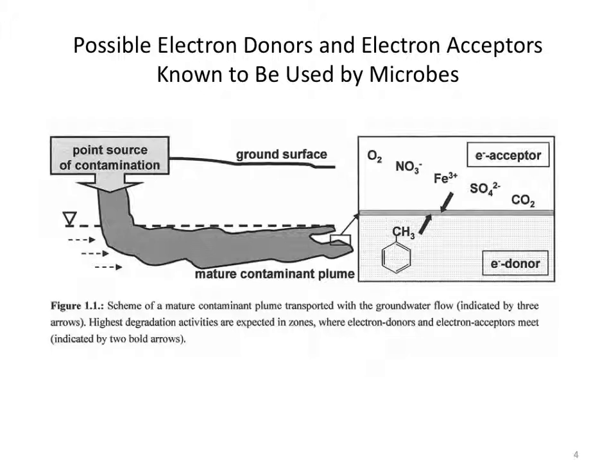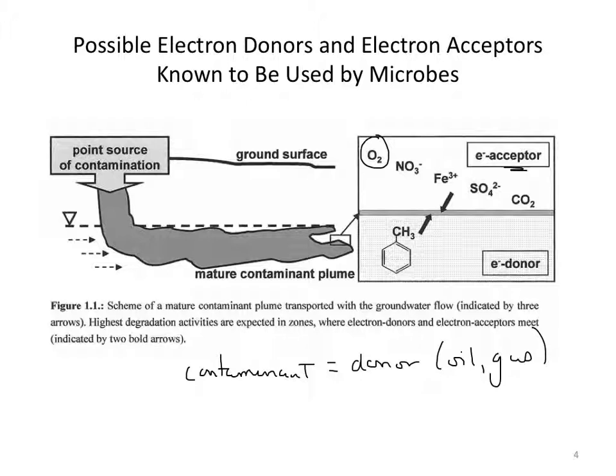So if you have a plume of contamination that gets into groundwater, a place where oxygen is limited, then what you will see over time, if the contamination is an organic molecule that can be used as a donor, maybe something like oil or gas, is this: when it first hits the water, the first thing utilized as an electron acceptor is oxygen, because it's the best electron acceptor in nature.